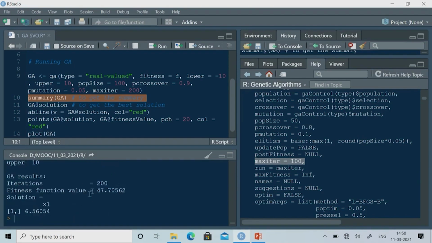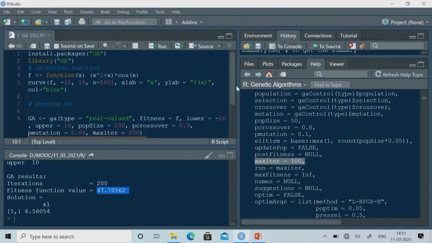Anyway, so you got the solution. I think we are getting the same solution, that is 6.56054, and the optimal solution is 47.70562.